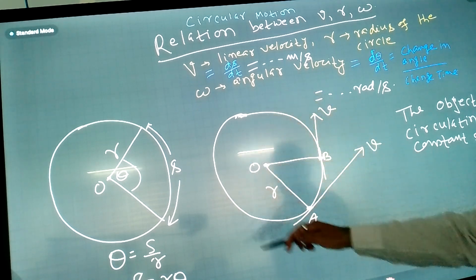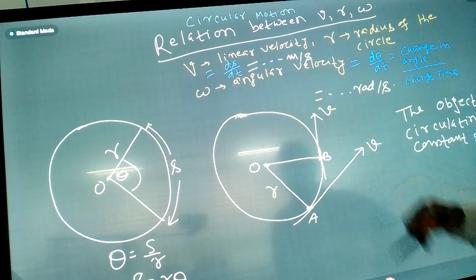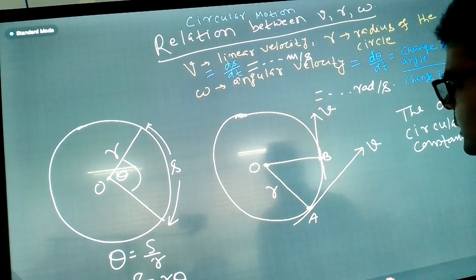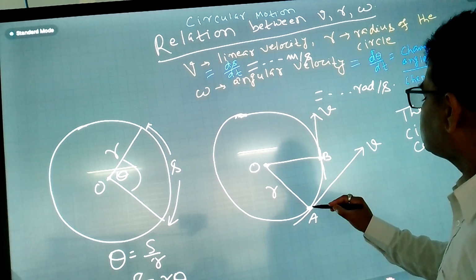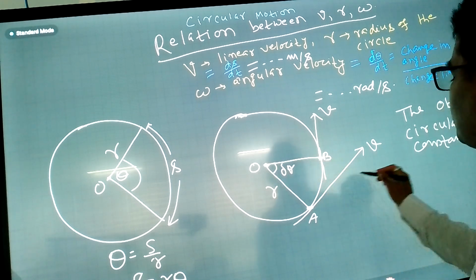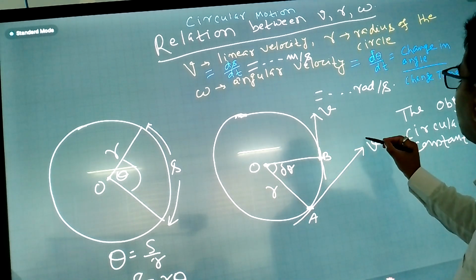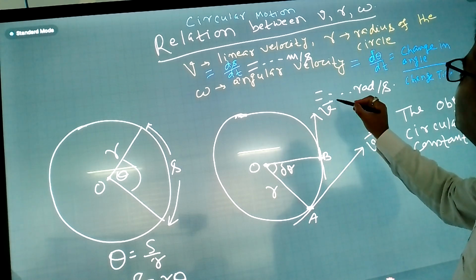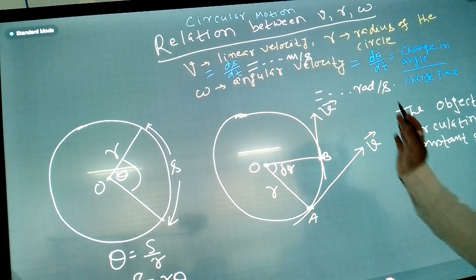As the motion is circular, we cannot say that the velocity is constant, because the direction is changing at each and every point. But at some particular point, for example where this angle del theta is described, it has a particular direction, so this velocity can be represented as a vector for this point. And for this point also there is a vector. Throughout the motion, although the speed is constant, we cannot say that the velocity is constant.